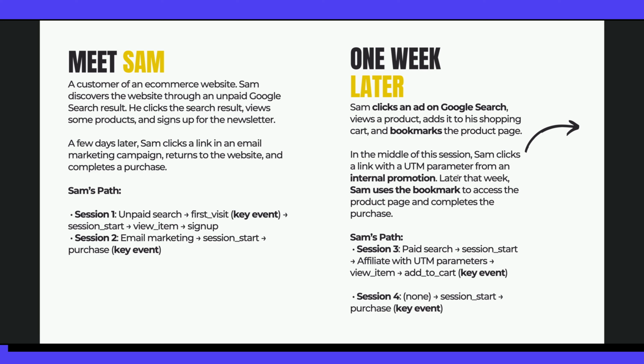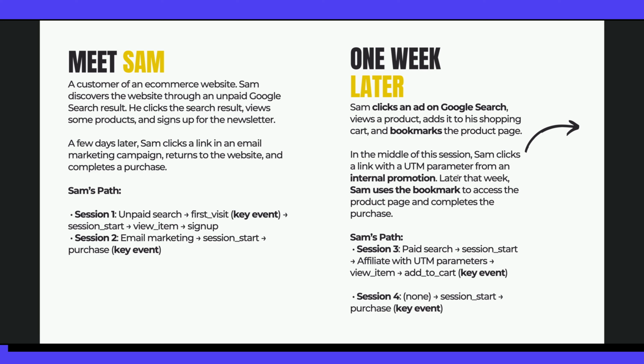Then the second session will have Google Organic as well, and then email newsletter. Later on, within the same session or the session afterwards, it will have Google Organic, and then also email newsletter, Google CPC, and then partner affiliate.